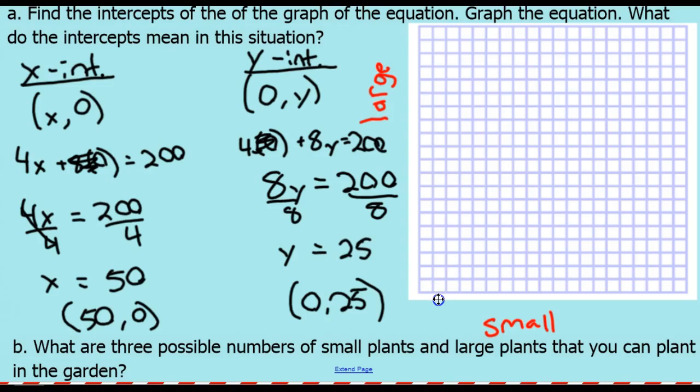So I'm going to go up by 5s, I think. So actually, I'm going to go each of them by 10. So 10, 20, 30, 40, 50, 60.